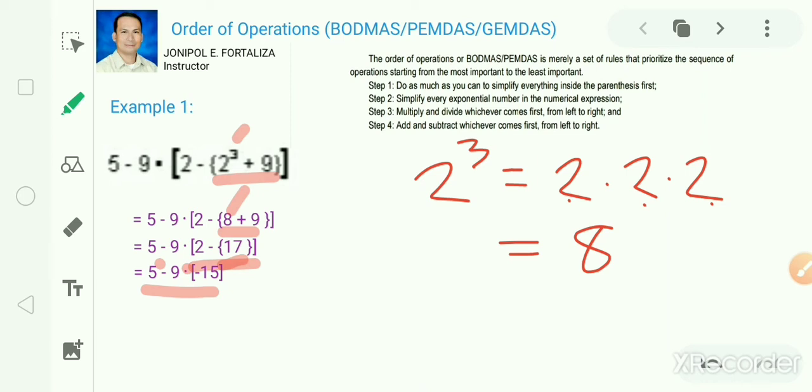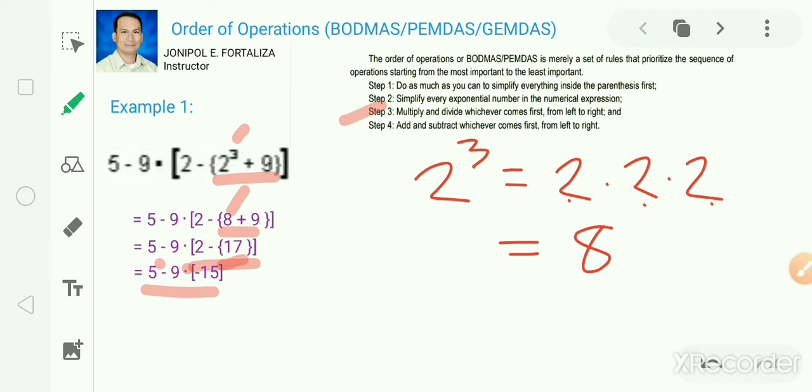So considering step number 3, because we are done with step number 2, we have already evaluated the exponential number. So we are on step 3.